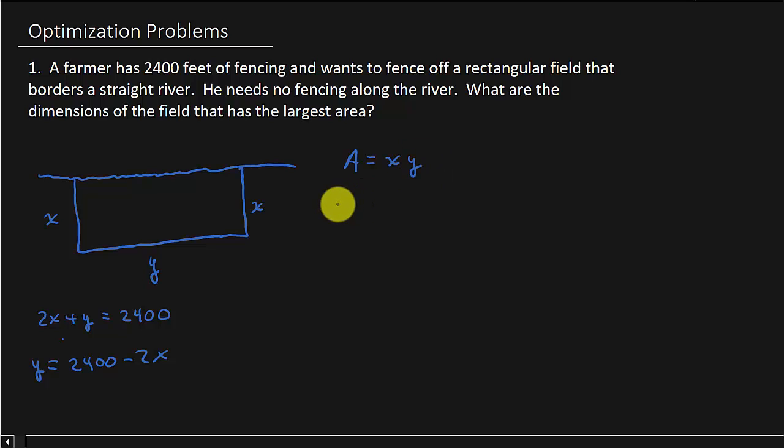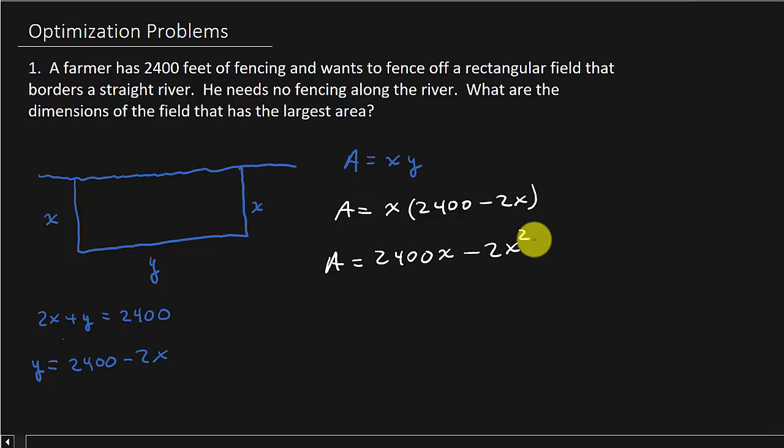So I get area, let me switch colors. Area is equal to x times (2,400 minus 2x). And so my area is 2,400x minus 2x squared.